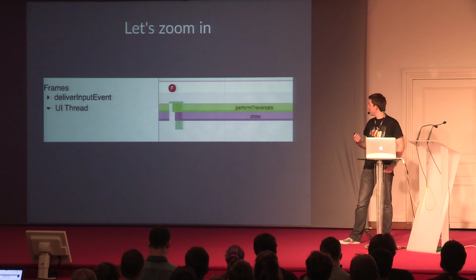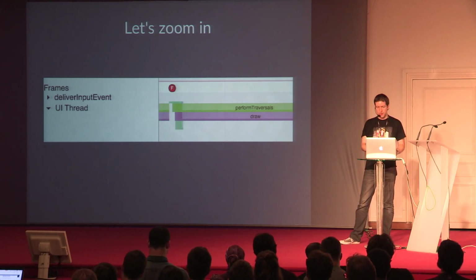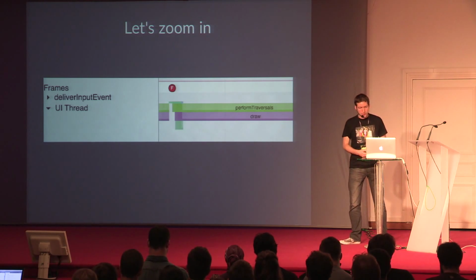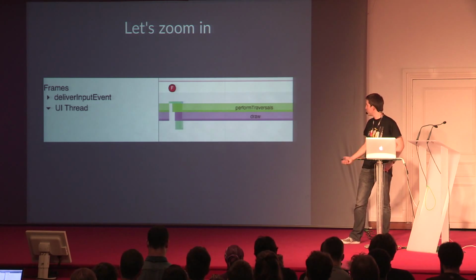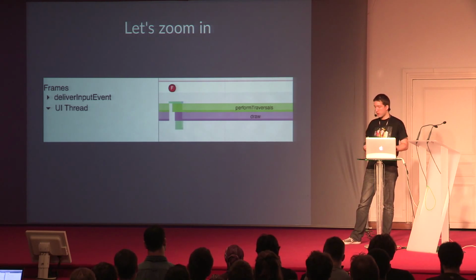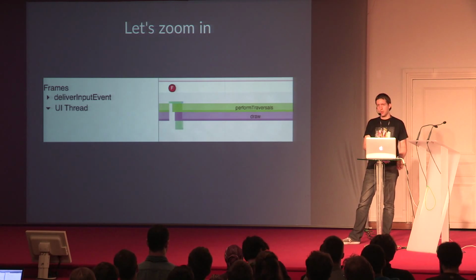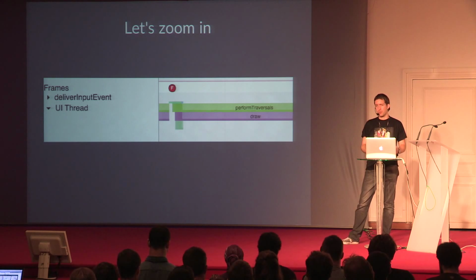If I zoom in on a small part of this HTML, it becomes more understandable. I've got this F symbol, and in this particular frame it is red. It means that the system has tried to compute a frame, but was not able to do it in the 16 millisecond time frame.